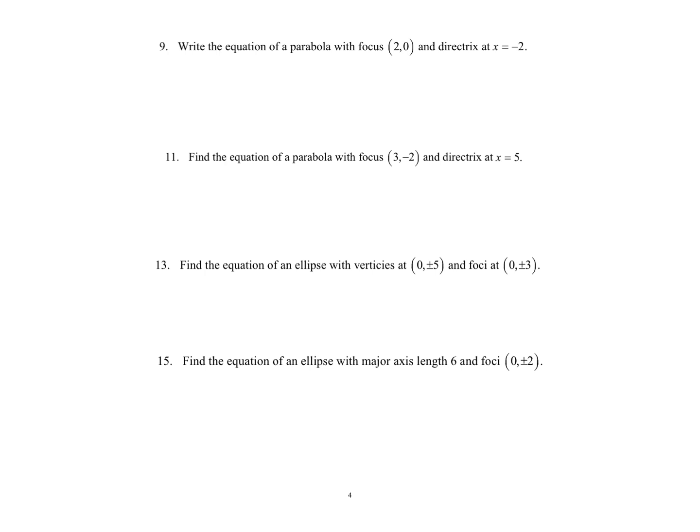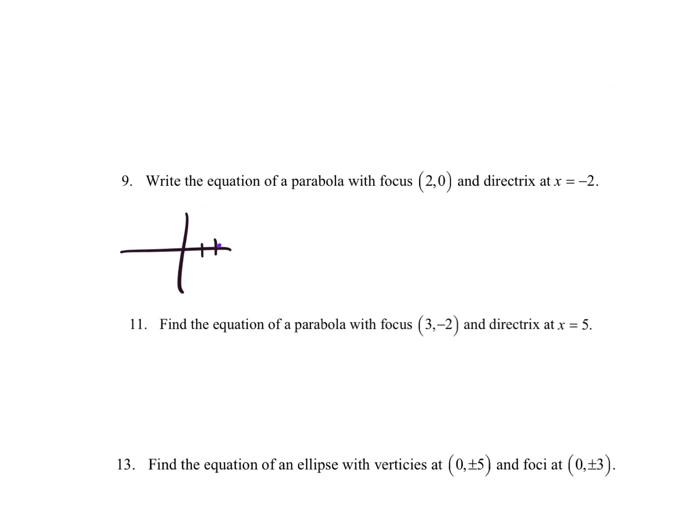But let's give ourselves a visual on number 9. So I'll do my x and my y axis. I'm going to graph my focus. It's going to be here at 0, 2, or 2, 0. And then my directrix is at x equals negative 2. So here would be my directrix.